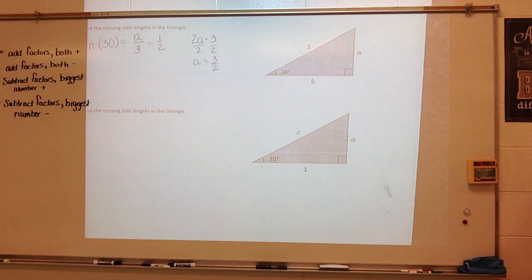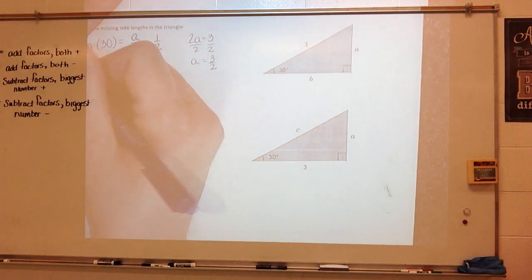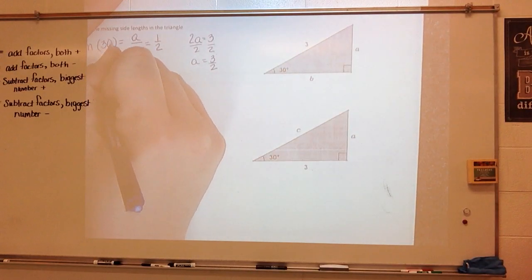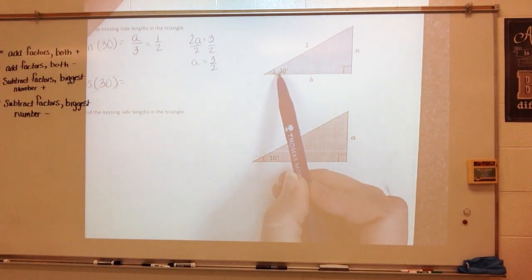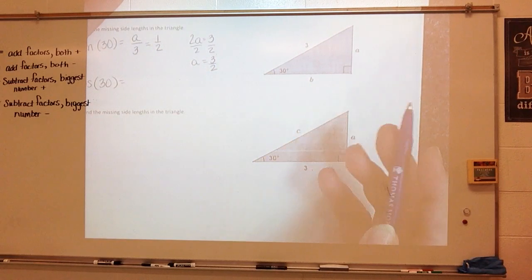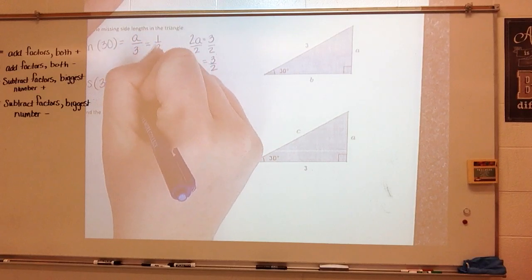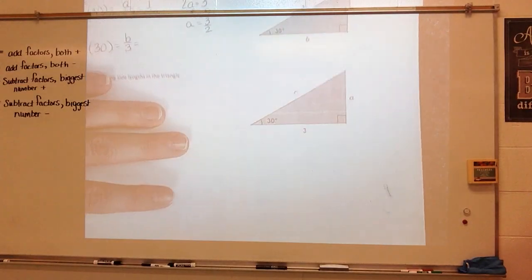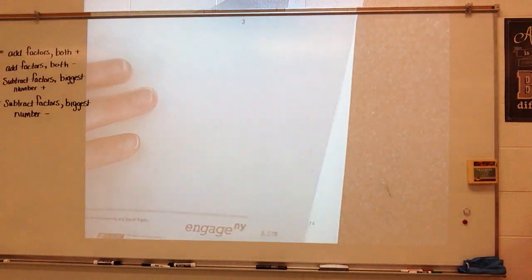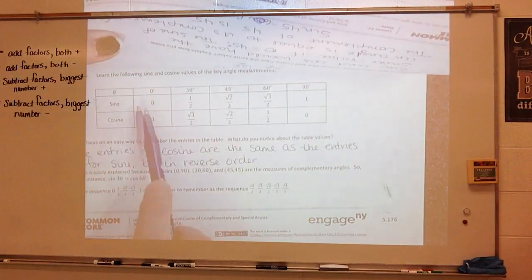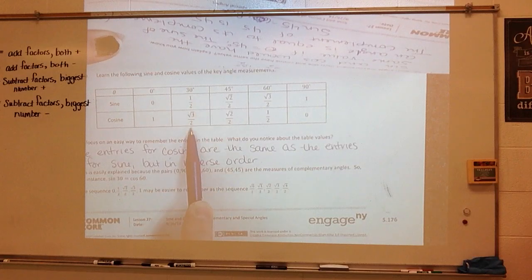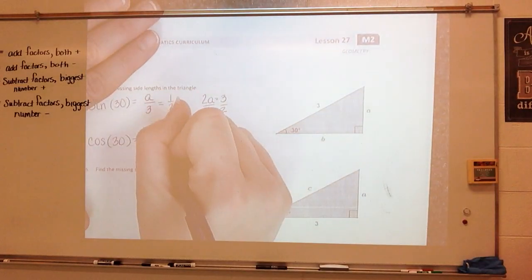Then I can use the cosine of my 30-degree angle. Cosine is the adjacent, so that would be B over hypotenuse. And if you go back to your table, the cosine of a 30-degree angle is the square root of 3 over 2.